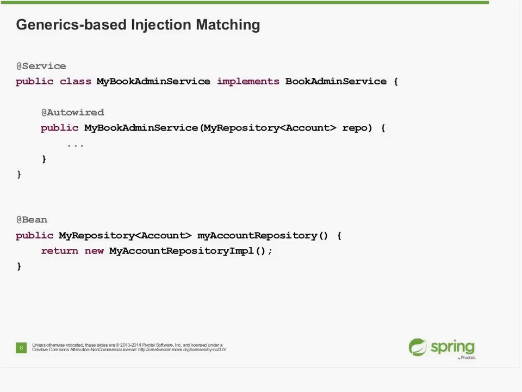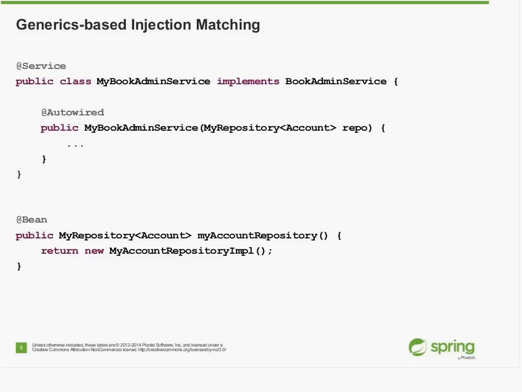Instead of having to add qualifiers, you can actually rely on the generic type information itself as a kind of qualification mechanism. As long as the generic type information is expressive enough, there's no need to add qualifiers. We're going to find a proper candidate based on that generic type structure.